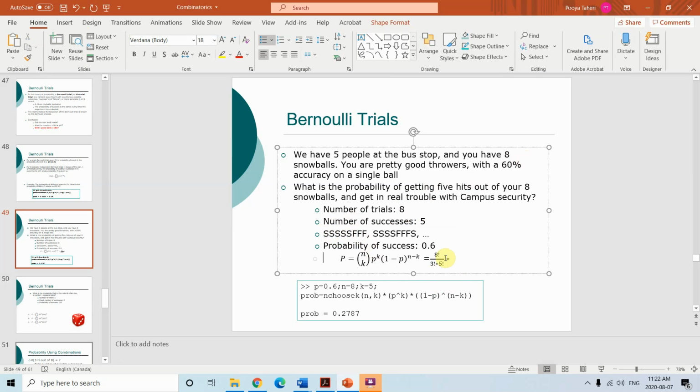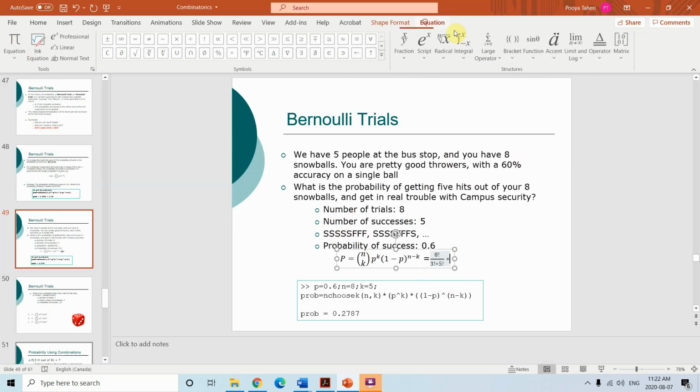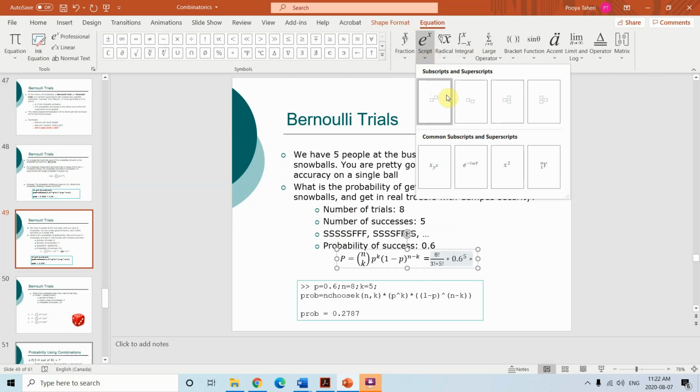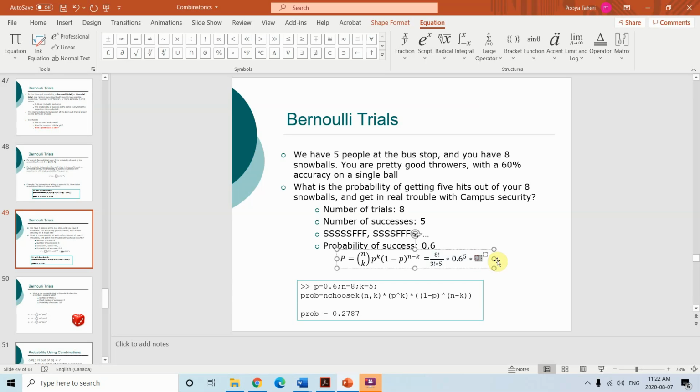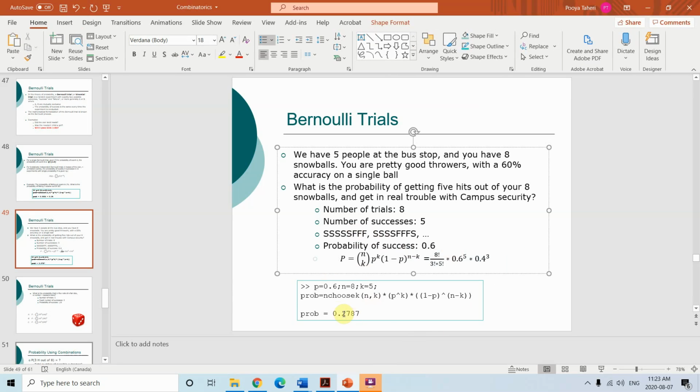So it's going to be 0.6 raised to power 5, and then the probability of failing, or missing, is 0.4, and it has to happen 3 times, so it's raised to power 3. So this is the answer, and if you calculate it using MATLAB, it's going to be 0.27.